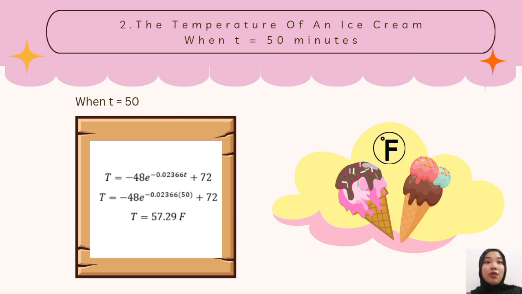We substitute, we get T equal to negative 48 e to the power of negative 0.02366 times 50 plus 72. Then we get the temperature equal to 57.29 Fahrenheit. That is the temperature of an ice cream when the time taken is 50 minutes.